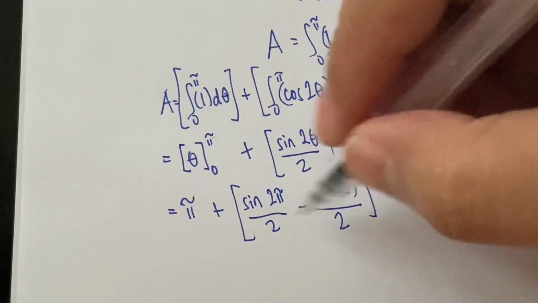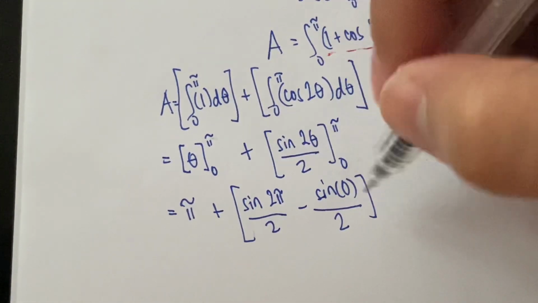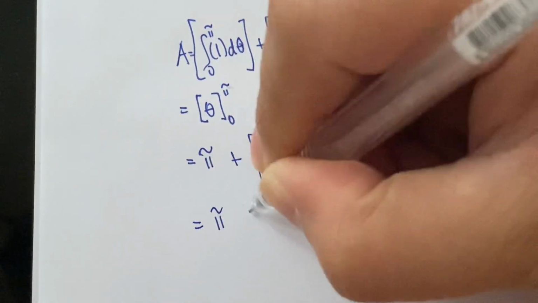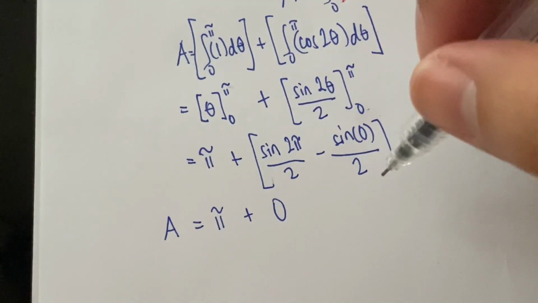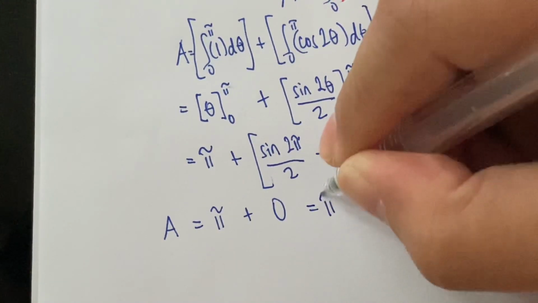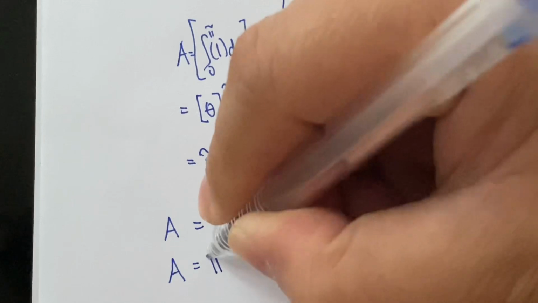We can simplify this, and eventually this whole part here will become 0. So this is going to be equal to pi plus 0, and that's your area under the given loop. So pi plus 0 is clearly pi, therefore your area is equal to pi.